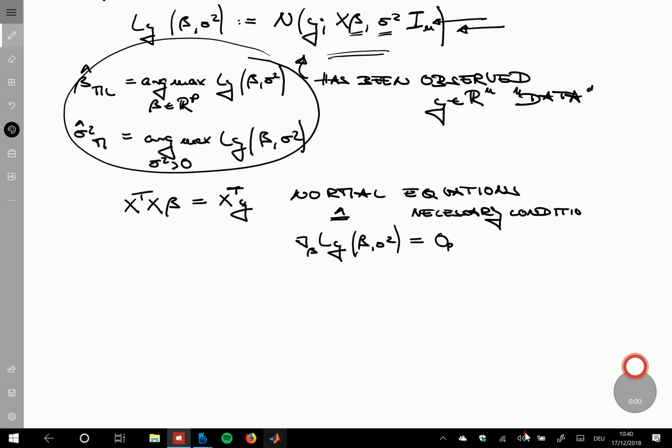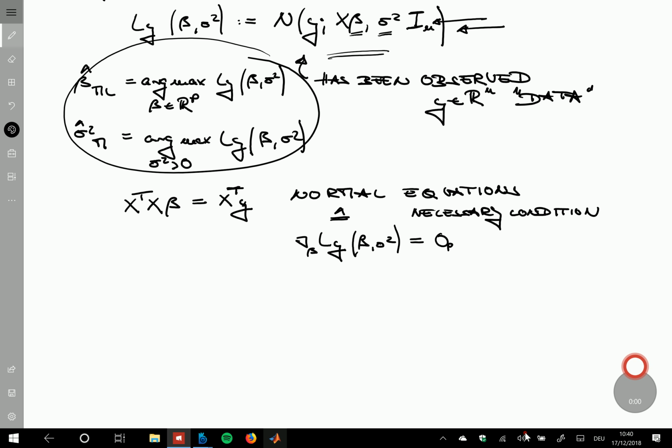And this can then just be solved for the value that the maximum likelihood estimate takes on. So basically you try to isolate the beta here.